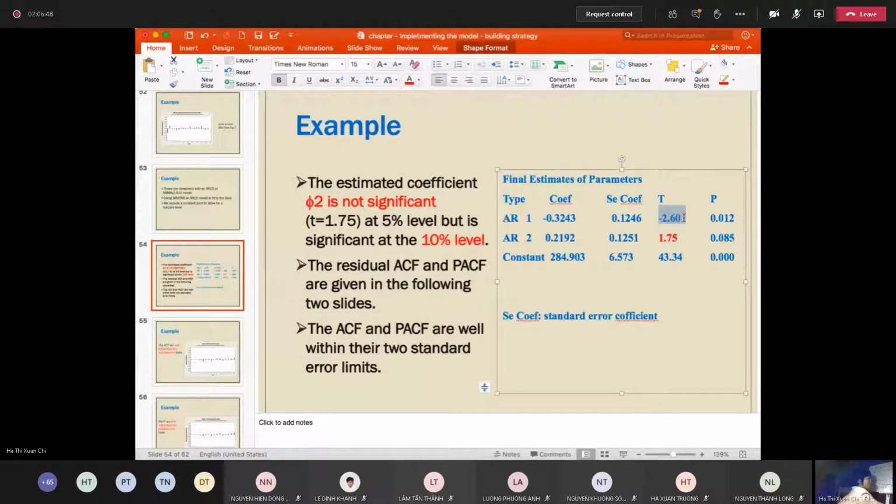So you take, let me see, you check this. Which one do you divide, everyone? You take that number and divide by this number, how many do we get? Minus 0.3243 divided by 0.246, so that will be equal to 2.6.